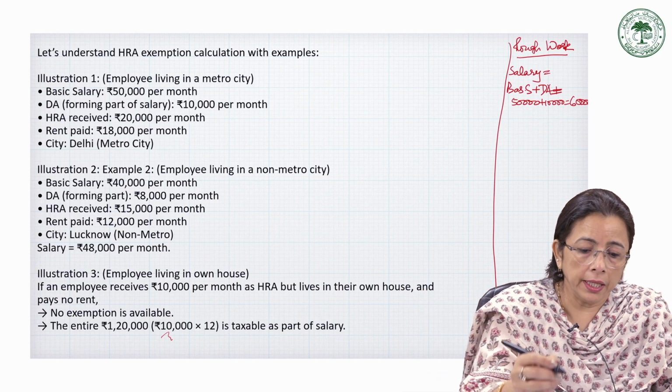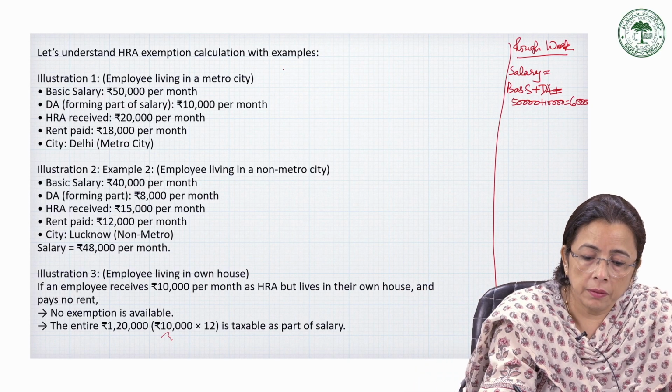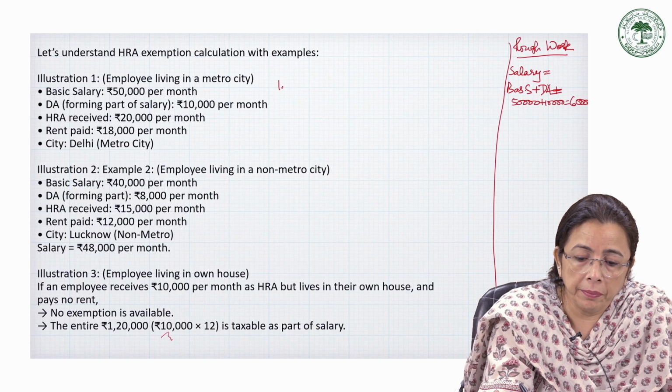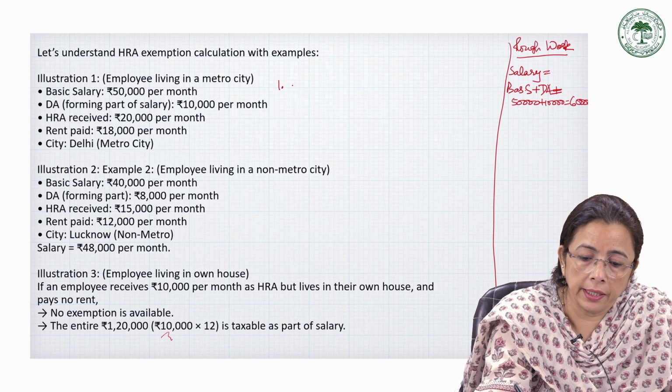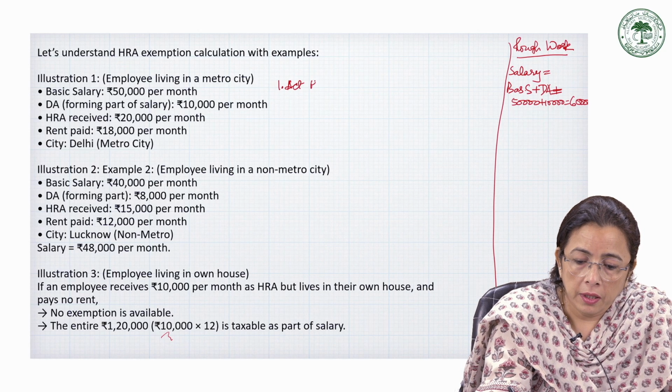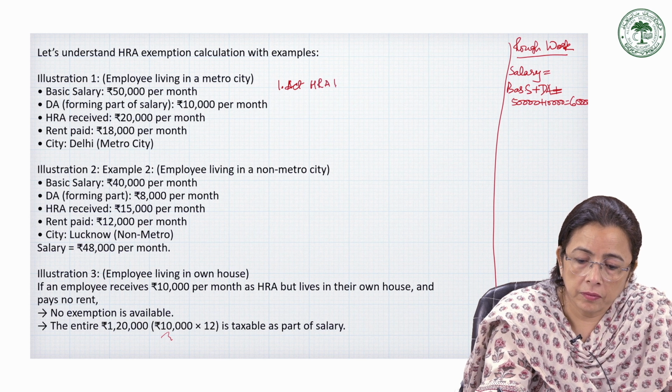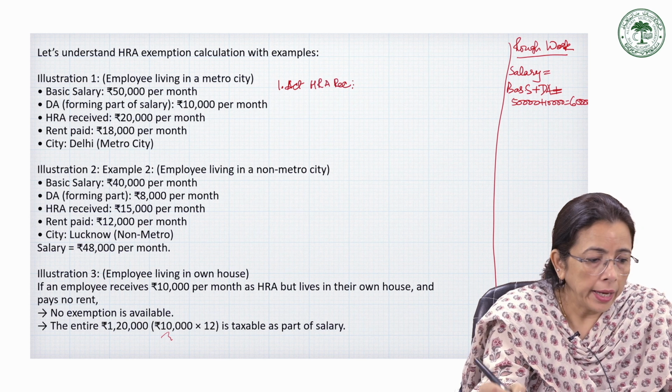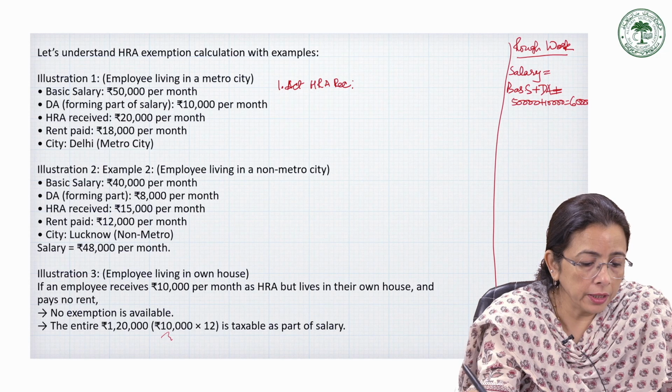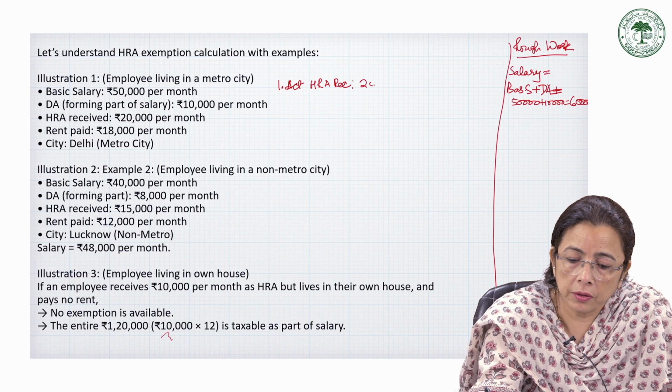Secondly, the three things to be compared. First is the actual HRA received, which in this question is 20,000.